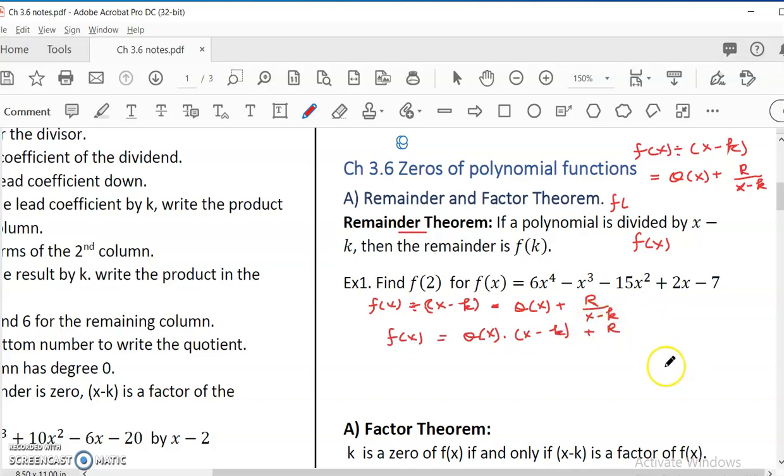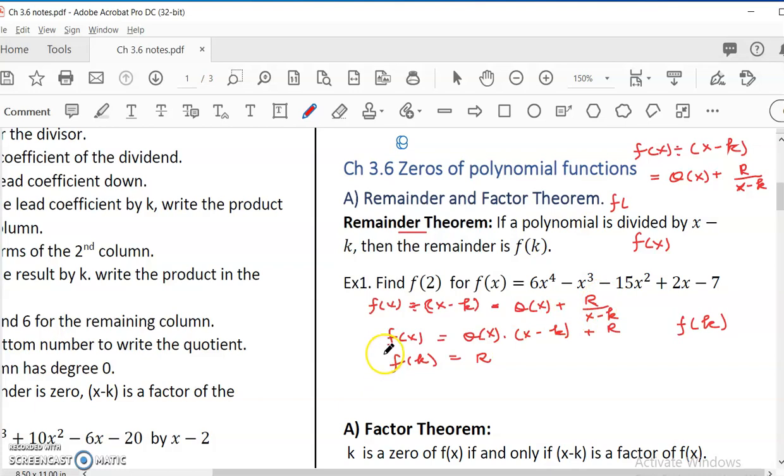Does that make sense? Then we plug in x equals k, so let's do f of k. This side is f of k, this side would be 0 times q of x, and that would be the r. So this is exactly the remainder that you get if you do a long division.